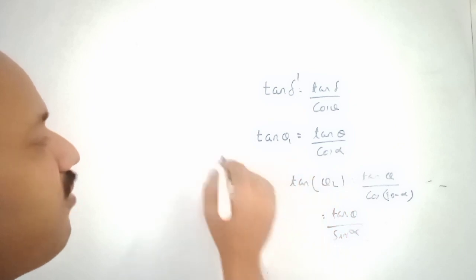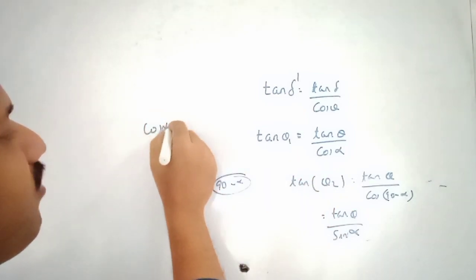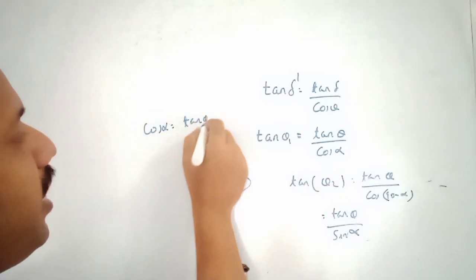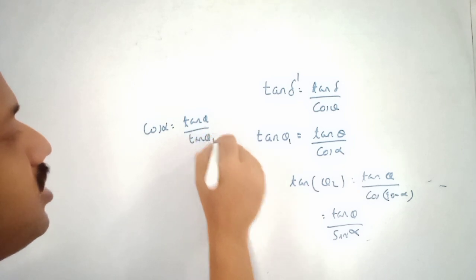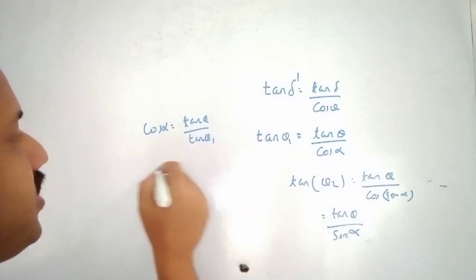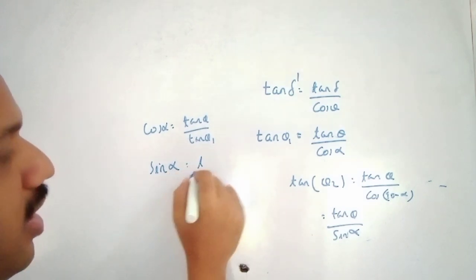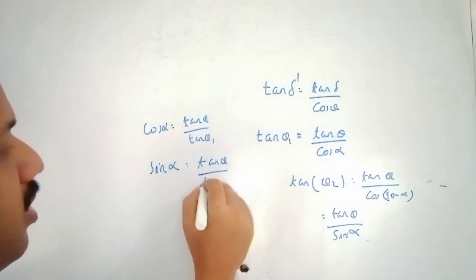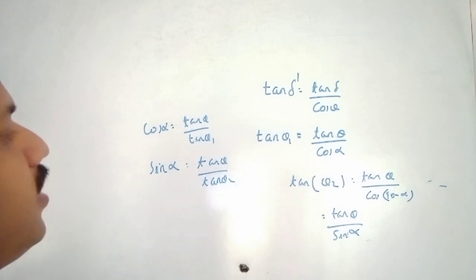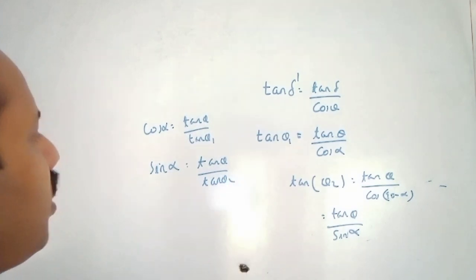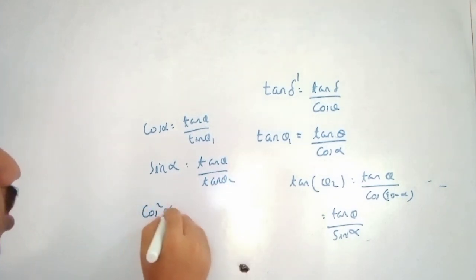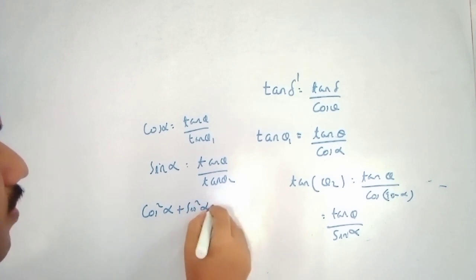From here, cos alpha is equal to tan theta by tan theta 1. From here, sine alpha is equal to tan theta divided by tan theta 2. Now, what is cos square alpha plus sine square alpha?